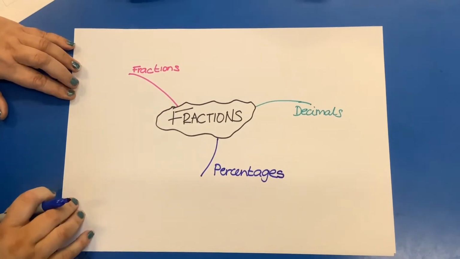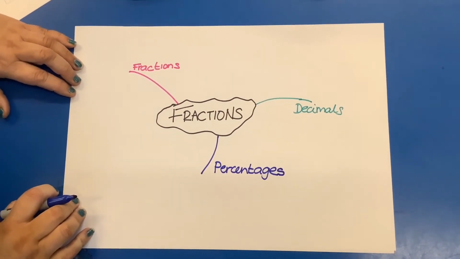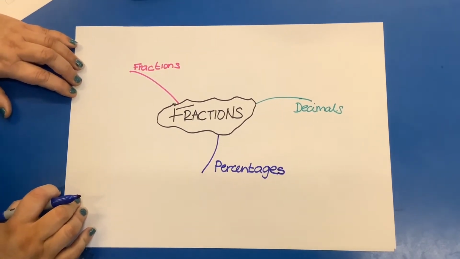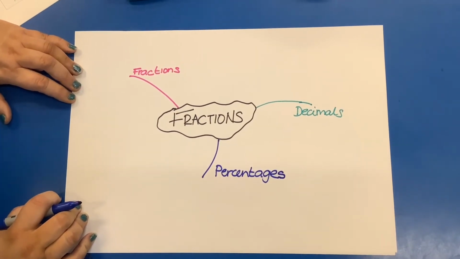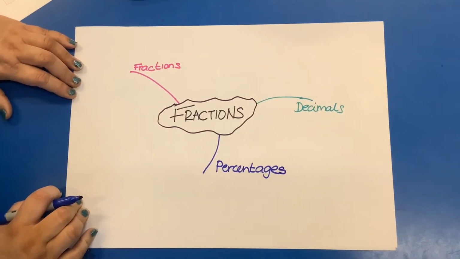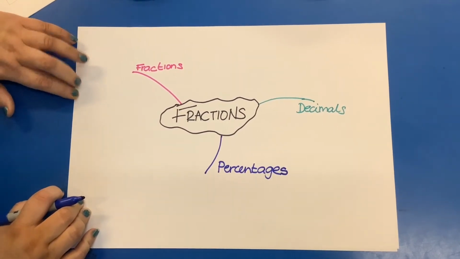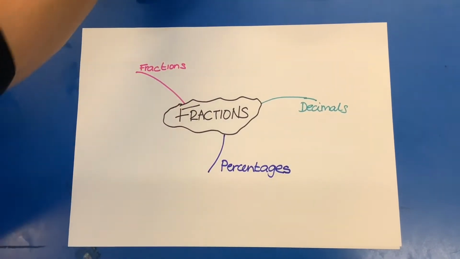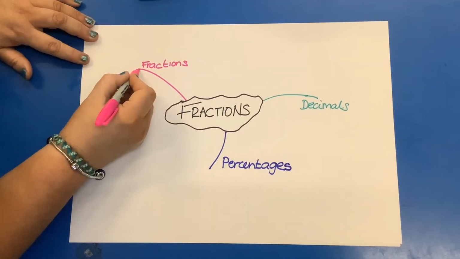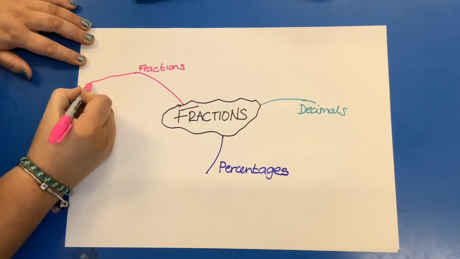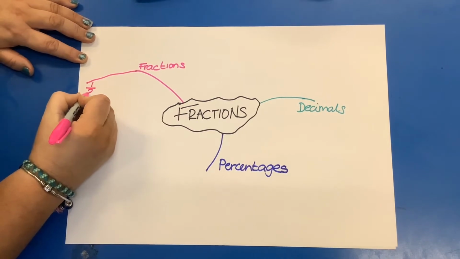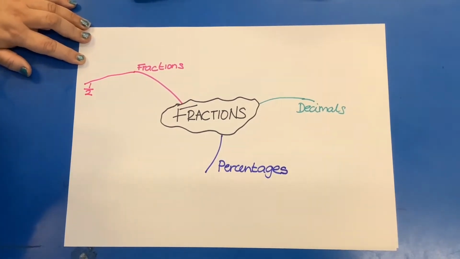Okay, so what do you know first of all about fractions? Well, hopefully you'll know that a fraction, and this is the most important bit of fractions, a fraction is always a fraction of something. So that's where we start. So you might know some fractions. So over here, you could maybe write some fractions that you know. Maybe you know 1/2.